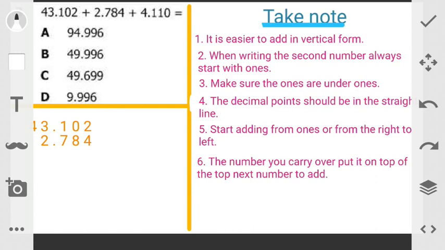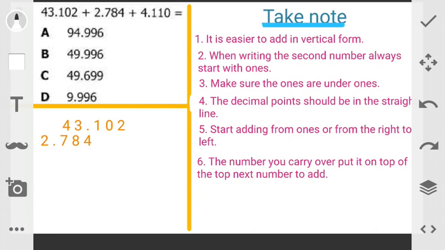In this way, you're going to find that it will be easier for you to add the tenths, the hundredths, the thousandths. There will be no situation where you add the thousandths with the tenths or the hundredths. So make sure your guide is the decimal point, to see if you have arranged the numbers correctly.